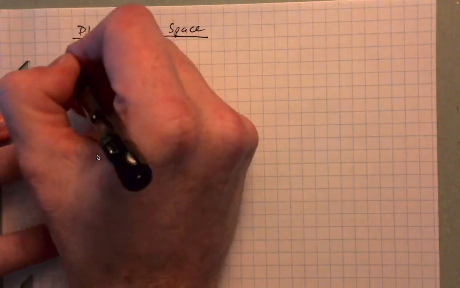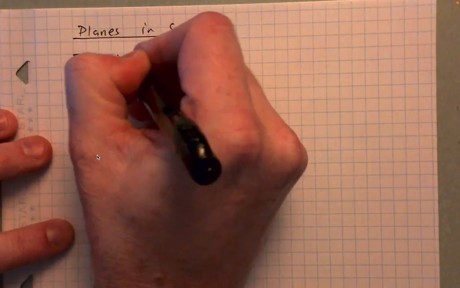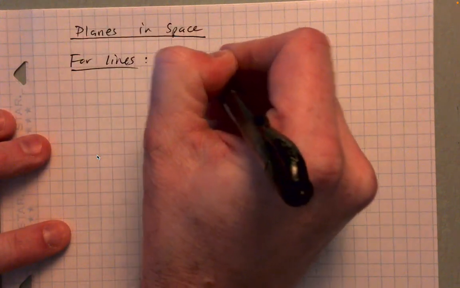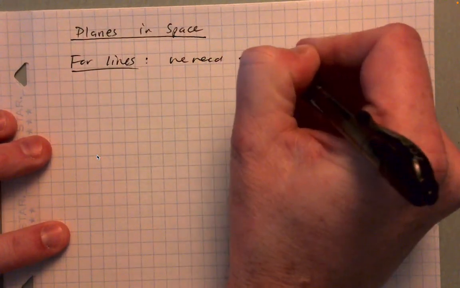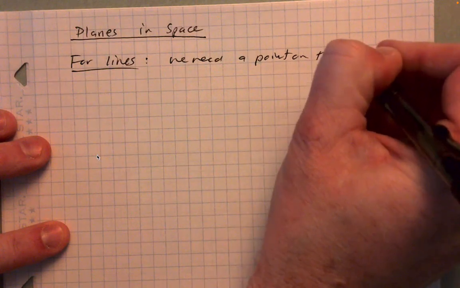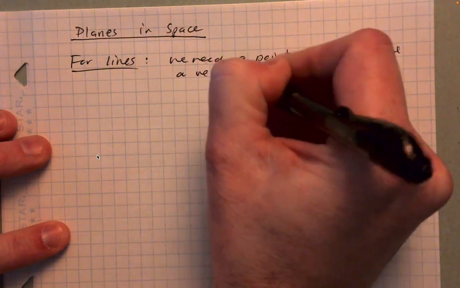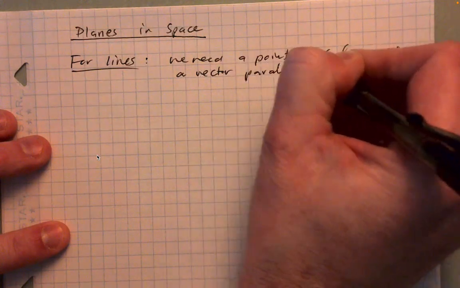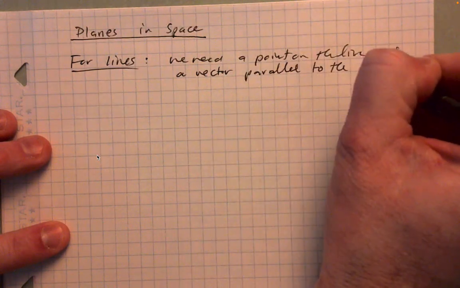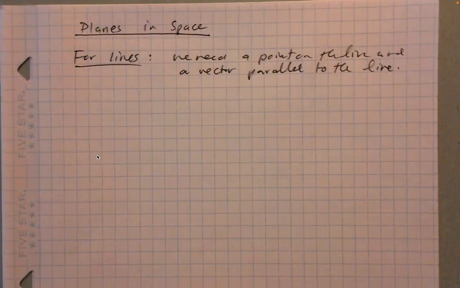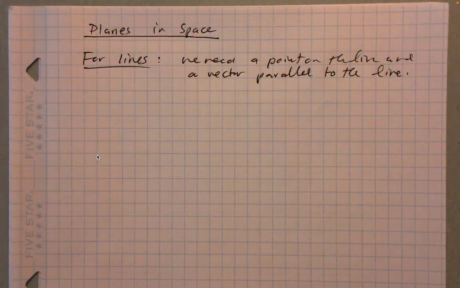For lines, we need a point on the line and a vector parallel to the line. That's what we just saw. We were able to derive those parametric equations by knowing a point on the line and a vector parallel to it. Now for planes, it's different.